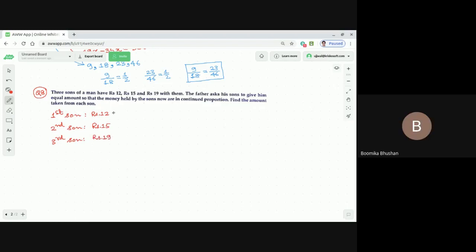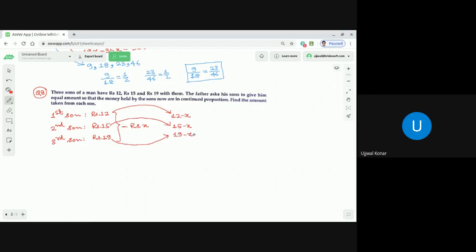Now, after they have given the equal amount, suppose the equal amount is rupees x, correct? Then the first son's money will be 12 minus x. Second son's money will be 15 minus x. And third son's money will be 19 minus x.